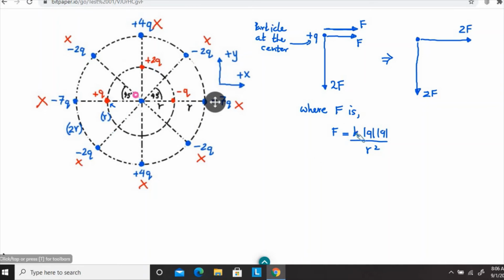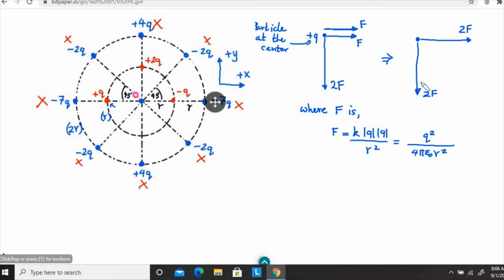So F is given like this, and if you like, you can replace K by 1 over 4 pi epsilon naught. So then I can simplify this further, Q squared. I'm just looking at the magnitudes, and then instead of K, I can write 1 over 4 pi epsilon naught, where epsilon naught is the permittivity of free space. Unless given otherwise, we consider that the charges are placed in free space. So that's why I'm simply writing 4 pi epsilon naught and then r squared.